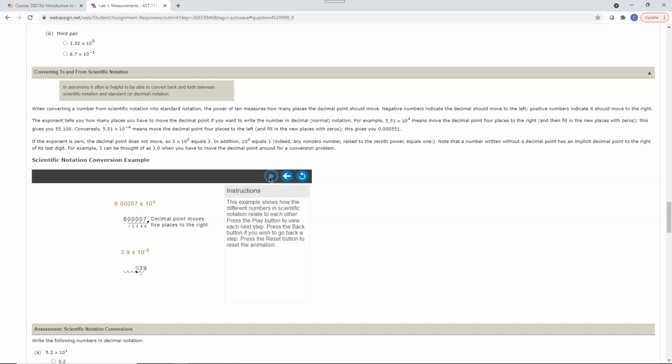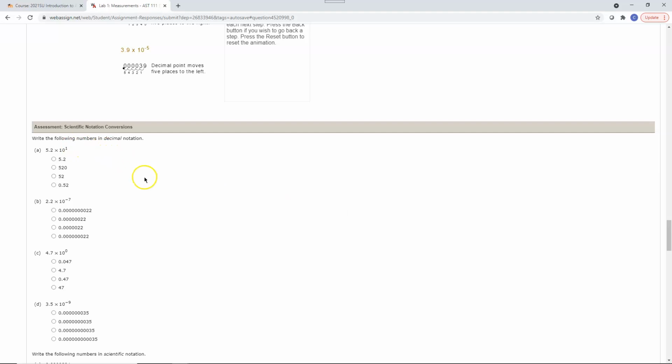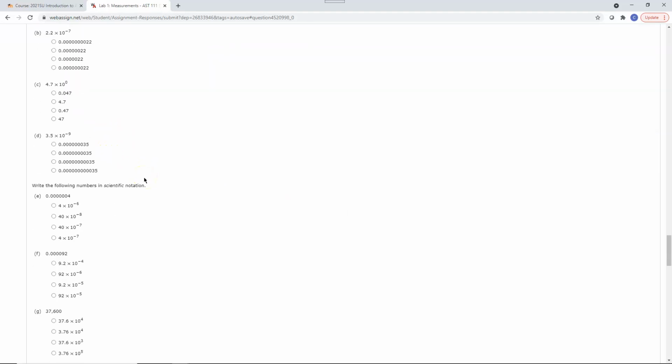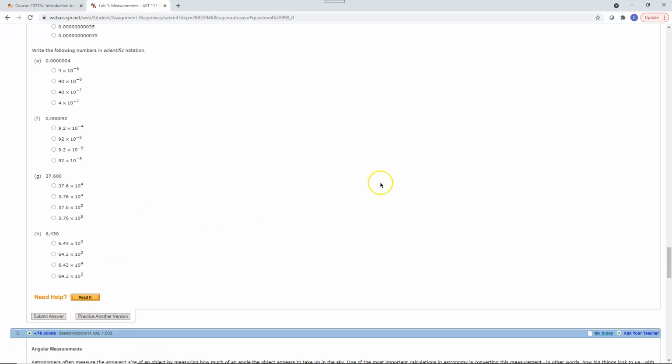If I want to go back the other way, there we go, right there. So this shows you how that works. So work on these numbers in there, and you can see that, and then you submit your answers to those.